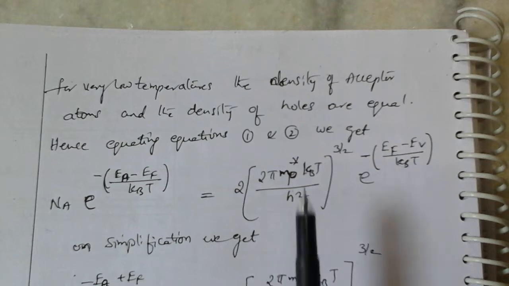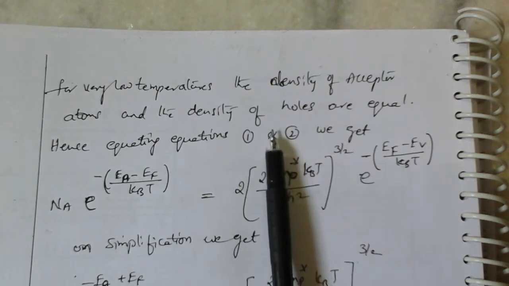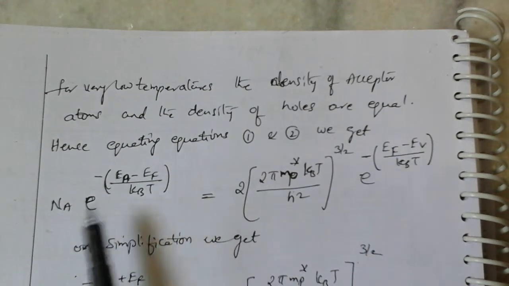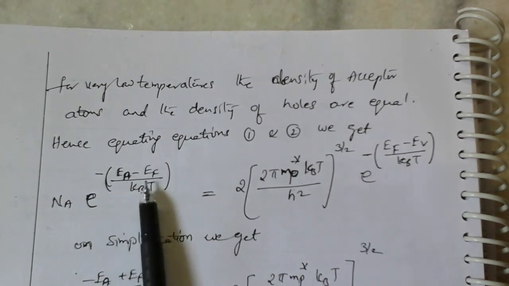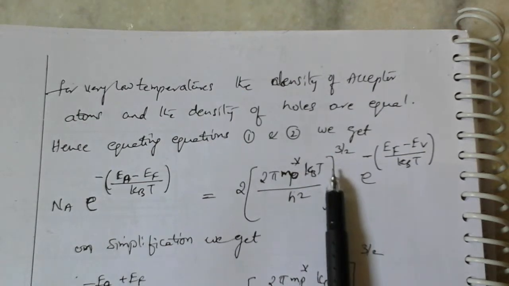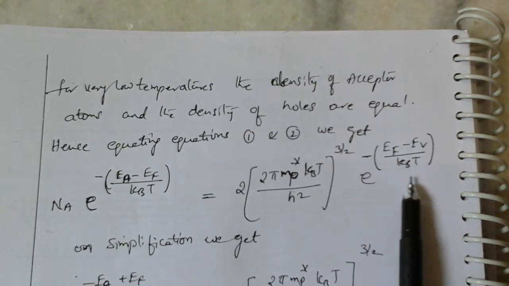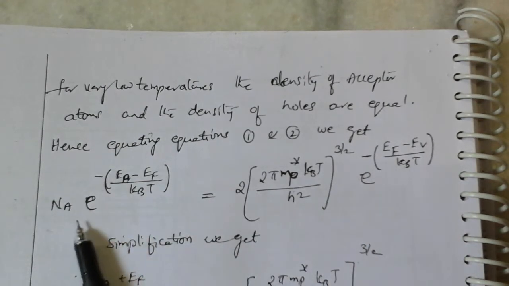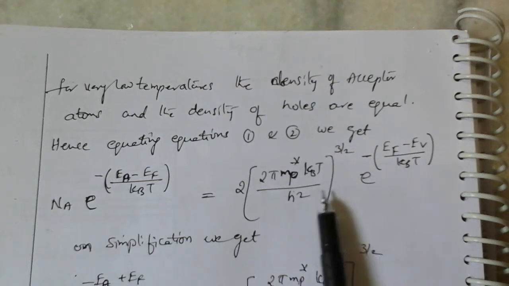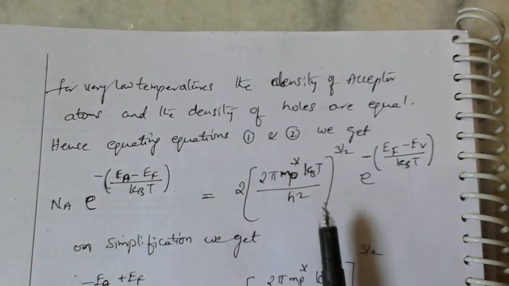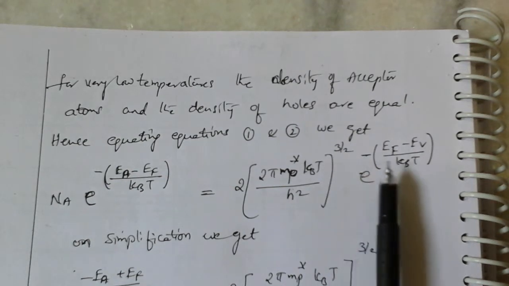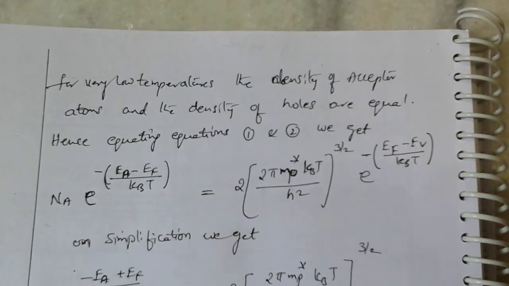So Na e power of minus (Ea minus Ef) by kBT equals 2 into (2 pi mp star kBT by h square) whole power 3 by 2 e power of minus (Ef minus Ev) by kBT. We equate both and simplify it like this.